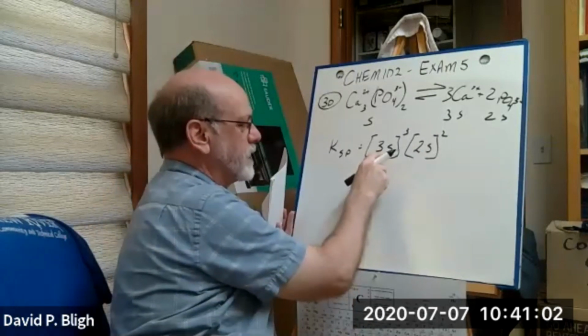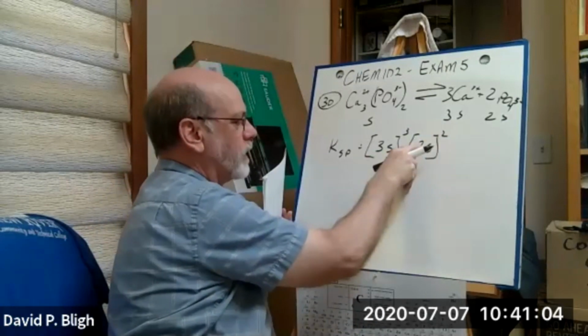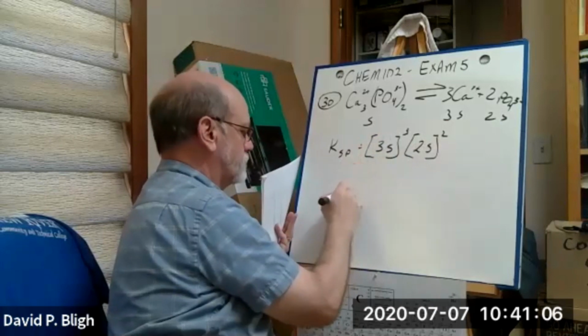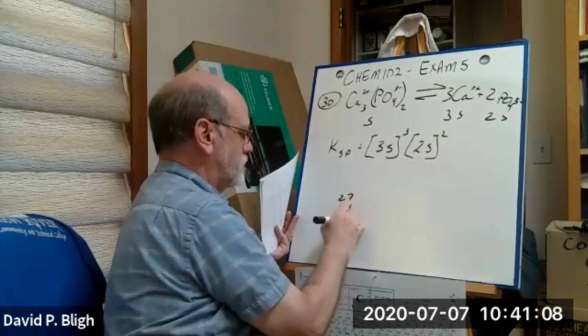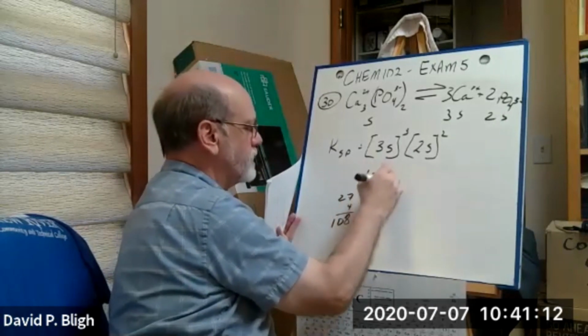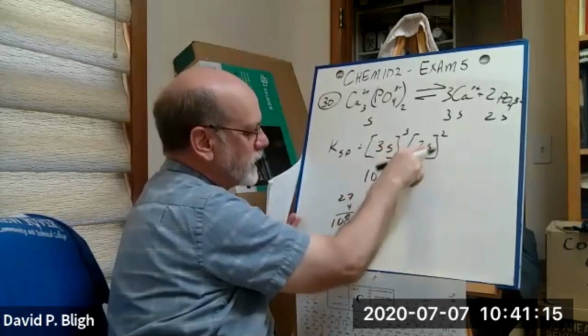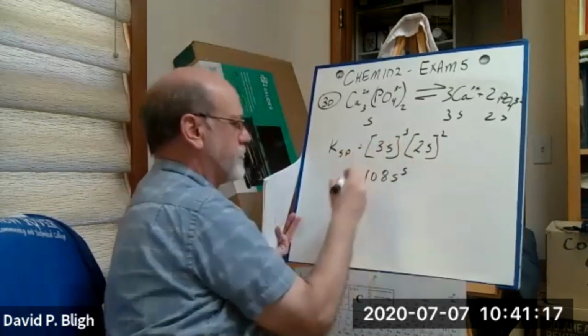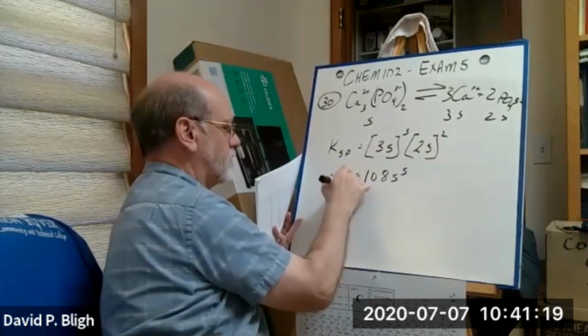So that would be 4 times 27, 108. 108, that would be S cubed and S squared would be S to the 5th.